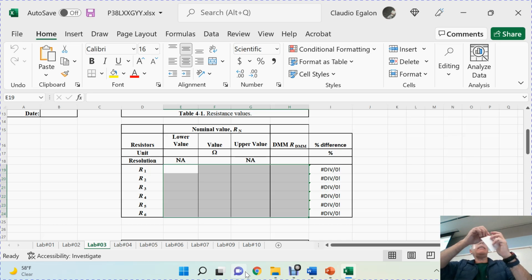Okay? Did you get the idea? The resistors must be sandwiched between this paper and the front of the envelope. Okay? It's a way that I figured out to make sure that we don't lose the resistors.